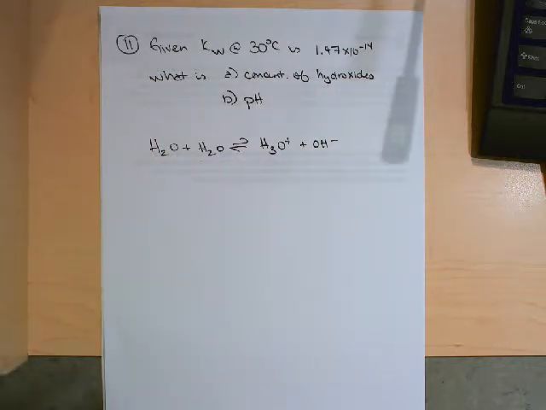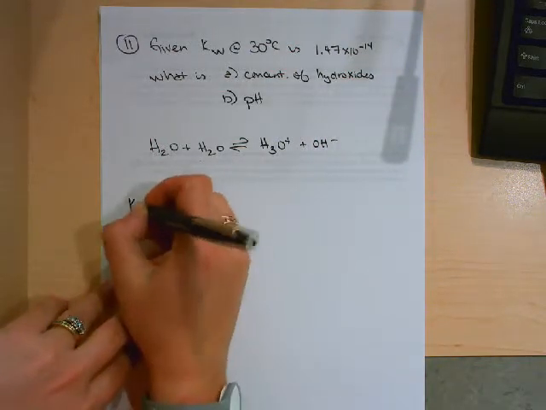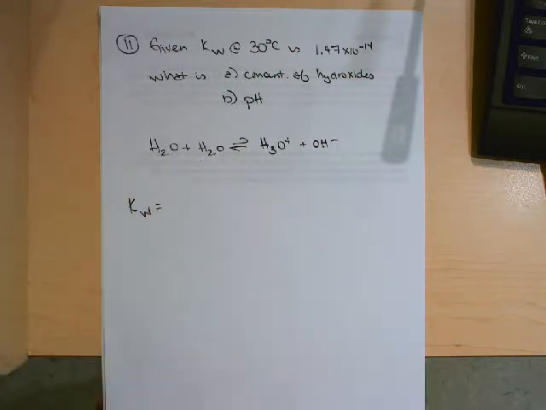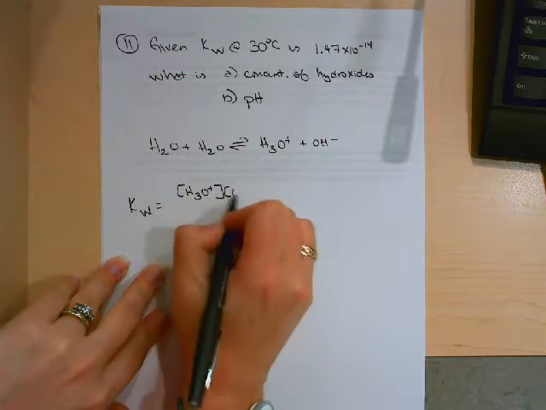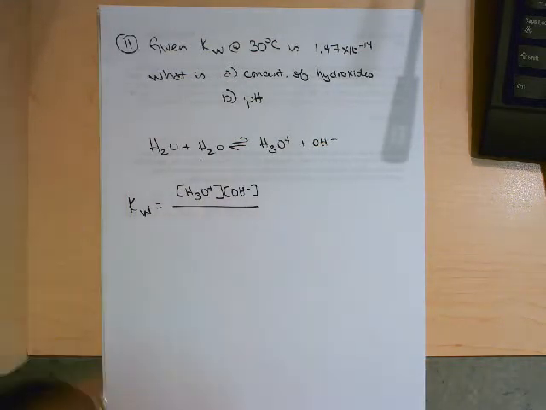It seems crazy, but I'm going to write it out and you're going to be like, oh, you can make a lot of shortcuts in this question in a second. If I was going to write the Kw equation for this, what goes on top and what goes on bottom? Products over reactants, right? And so we have this. Oh, this isn't balanced.